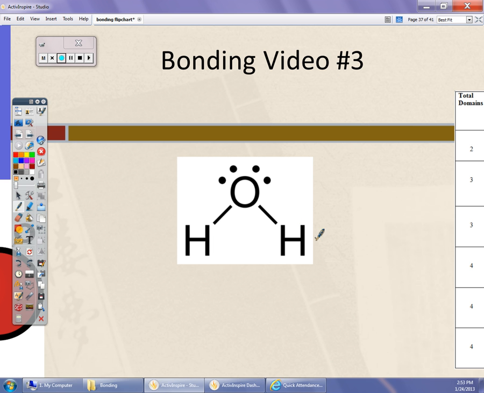Okay, taking a look at our next and our last one. In the case of water, something you've done before in biology class, the center atom, oxygen, has 2 things bonded. It also has 2 pairs that are unbonded.